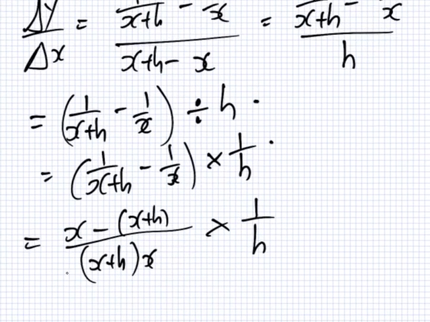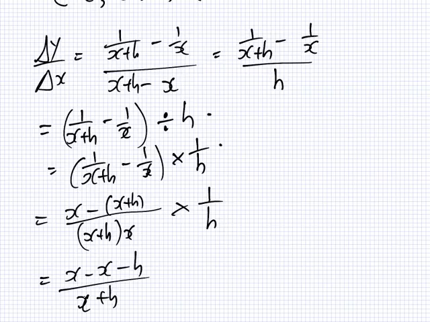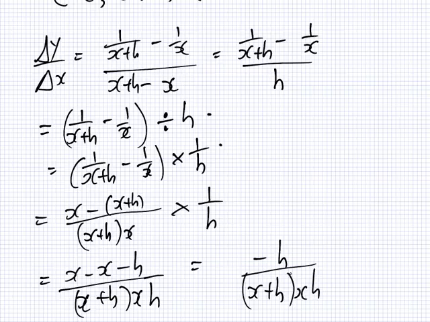So on the top, I'll get x minus x plus h over x plus h times x times h on the bottom. So on the top I'll have minus h, and on the bottom I'll have x plus h times x times h. Well, they cancel. So I have minus 1 over x plus h times x.